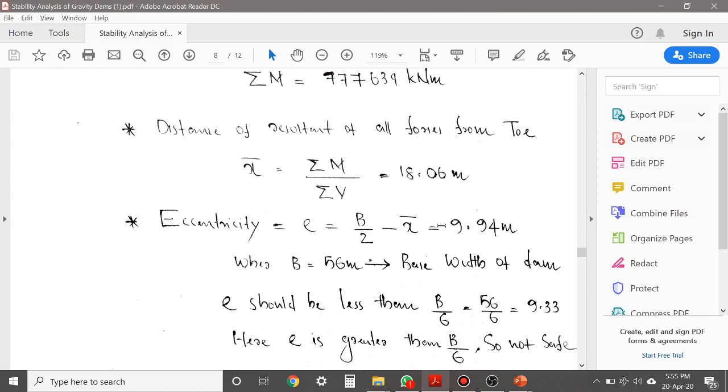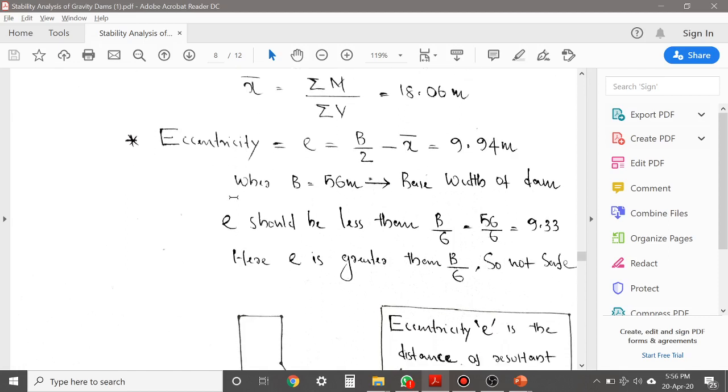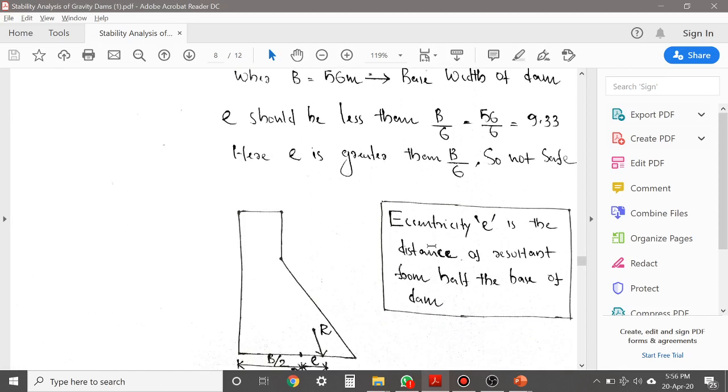Next step is calculation of eccentricity. Before going to the calculation of eccentricity, understand what eccentricity is. Eccentricity is denoted by the letter E. It is the distance of the resultant from half the base of the dam.